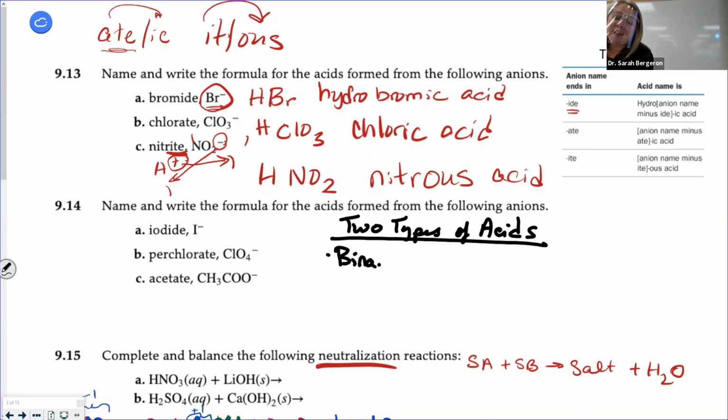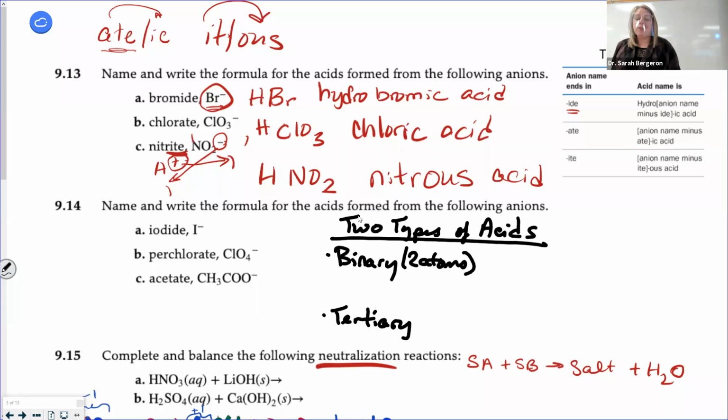Binary and tertiary, right? Binary meaning we have two atoms. The way that we're going to name something that is binary is that we're going to say hydro, because one of the two atoms is going to be what? If it's an acid, hydrogen. So that's where the hydro comes from.